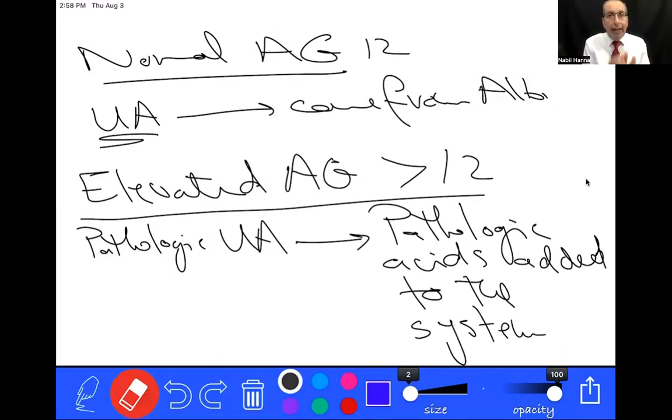So once we have elevated anion gap, we know that we have that type of metabolic acidosis where there are pathologic acids added to the circulation.